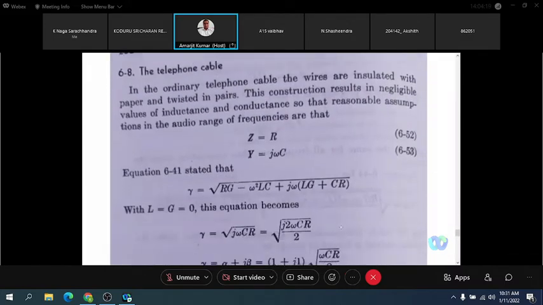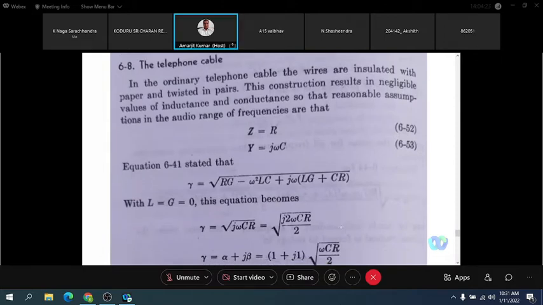Okay, so next we have the telephone cable. What is the problem on the telephone cable line, and how to solve that problem? In the ordinary telephone cable, we have R, G, L and C primary constants. So what is the value of the primary constants?